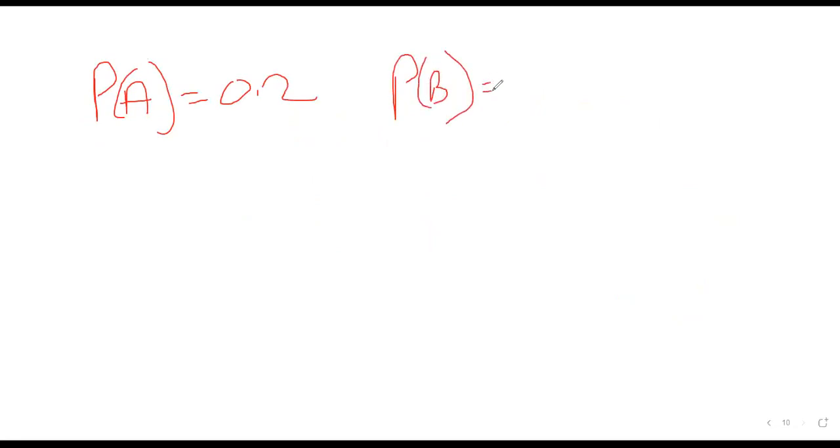All right, now we're going to what is called conditional probability. Conditional probability would be given a probability like probability of A is 0.2, probability of B is 0.3, probability of A given B is 0.5.